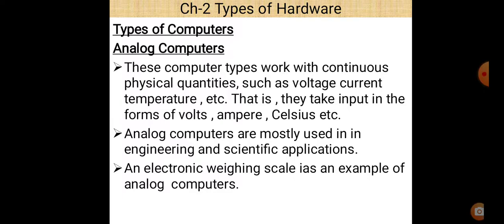Analog computers basically work on continuous physical quantities such as voltage, current. So any device which works on physical quantities is an example of an analog computer.